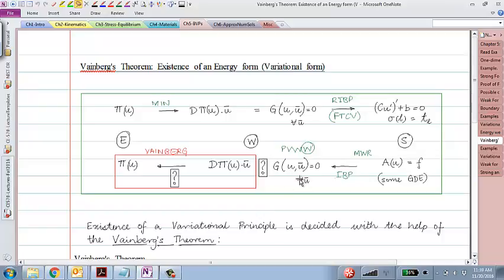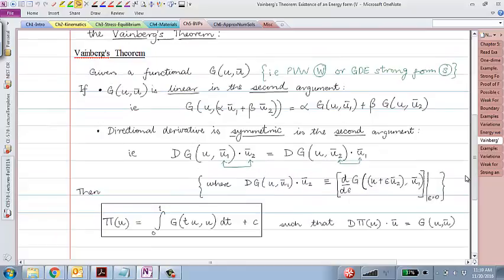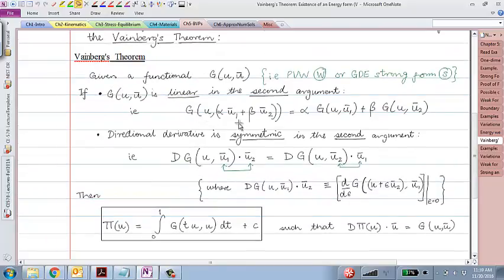One question that we did not answer completely last time was, how do we go from this weak form to the energy form? Last time I mentioned that for this to happen, the conditions of the Vainberg theorem must be satisfied, which essentially says that the G functional, the virtual work functional, must be linear in the second argument, and its directional derivative must be symmetric in the second argument.